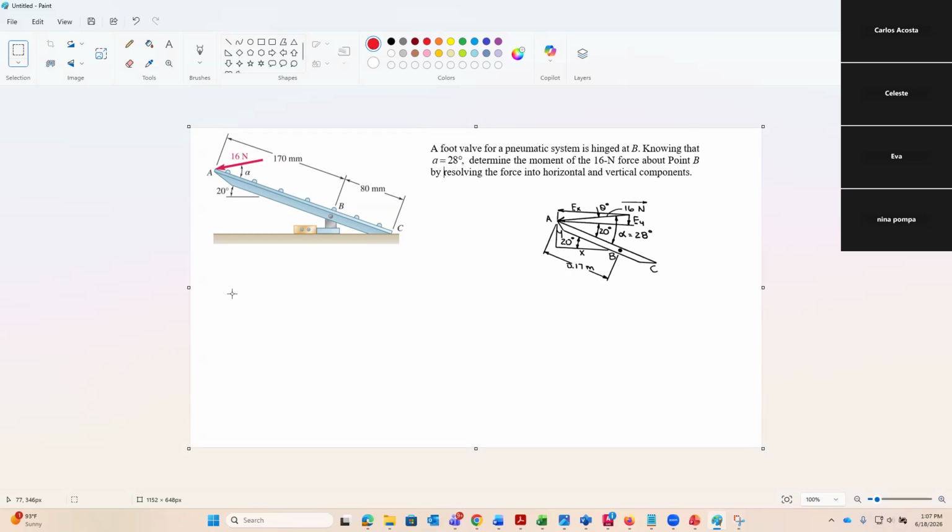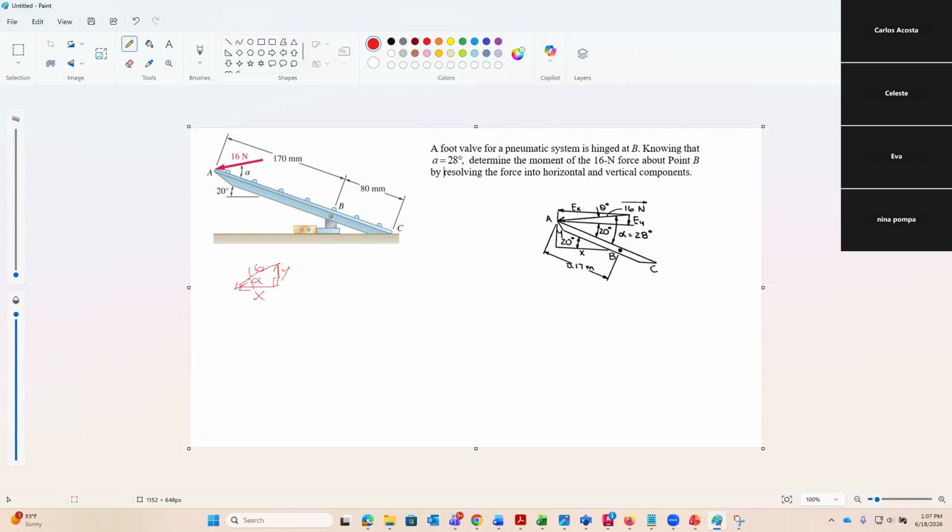If you take 16 newtons and you form the triangle, you're going to have a force right here, a force right there, and a 90 degrees. This is 16, and this is the y component, and this is the x component, and this is your 28 degrees.